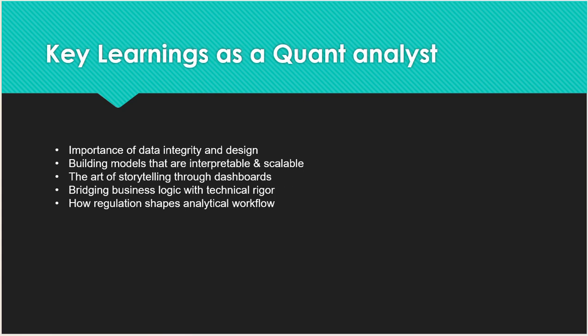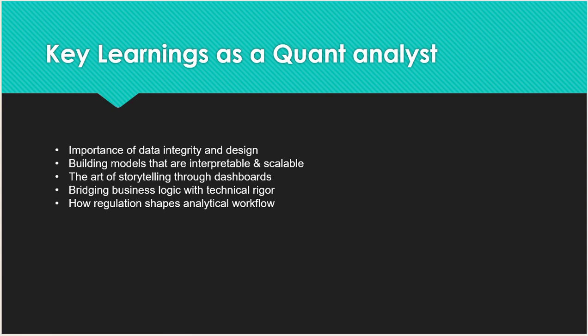Then, from this entire course, what did you learn? This project taught you the value of domain knowledge in financial crime analytics, how that domain works, what factors impact it, and the importance of data integrity and design. It gives you the importance of end-to-end pipeline mastery from coding to visualization.